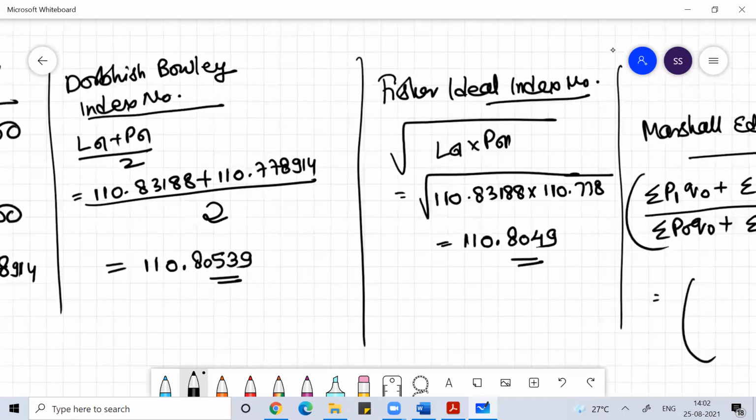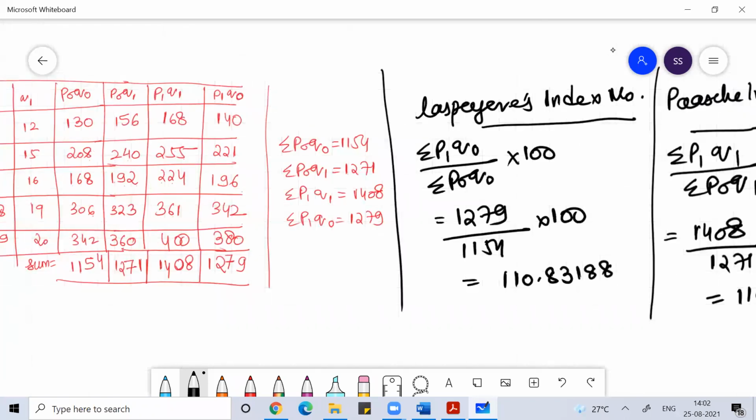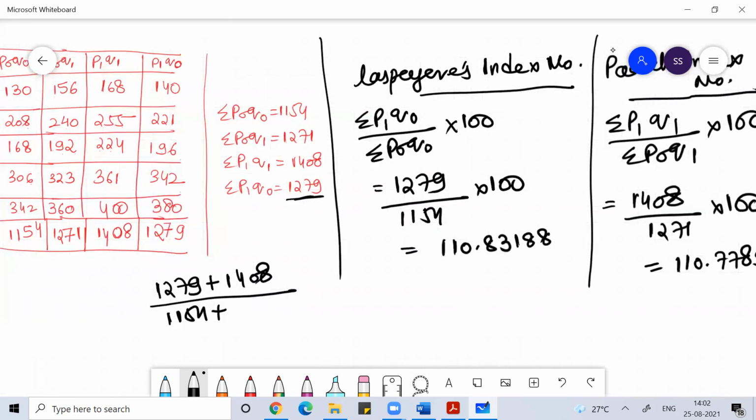So sum of P1Q0 is 1279, plus P1Q1 1408, divided by sum of P0Q0 1154 plus 1271, into 100. This is what the Marshall Edgeworth method is.